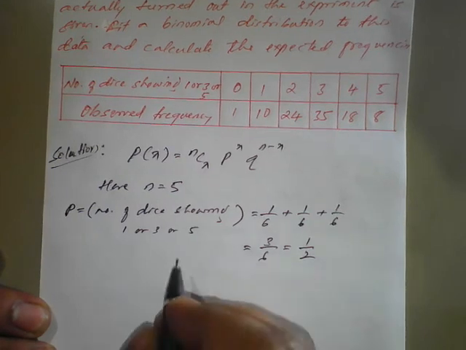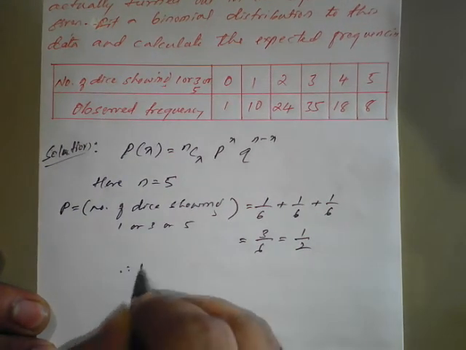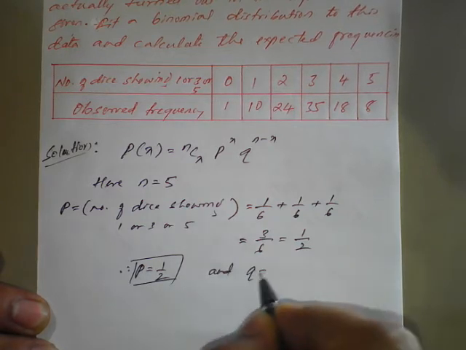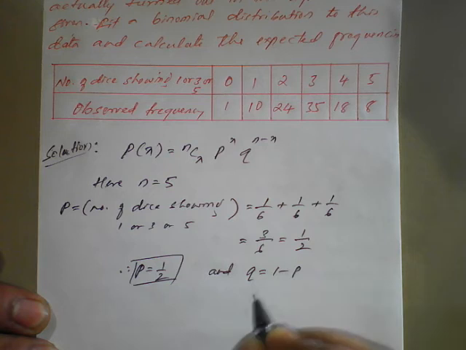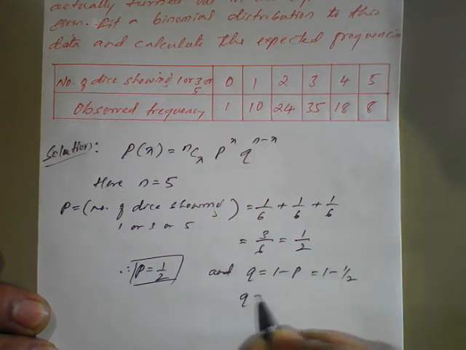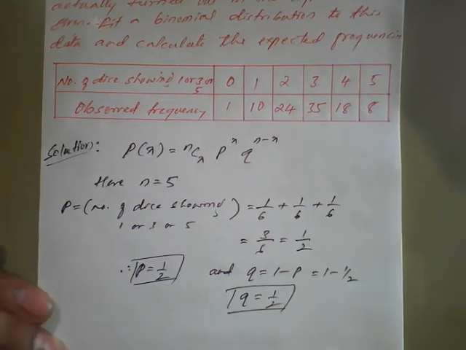Therefore, the p value is 1 by 2, and q is 1 minus p, that is 1 minus 1 by 2, which becomes 1 by 2. So we got the p value and q value.